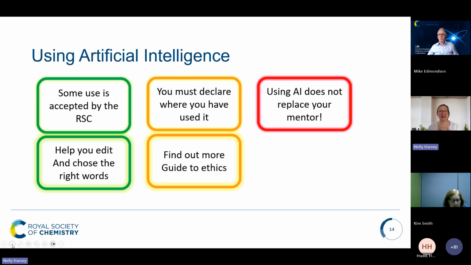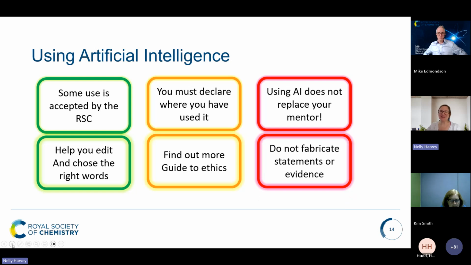But it would be a mistake to go through the whole process never having spoken to your mentor. They are integral to your success. And last but not least, it goes without saying that if you are using AI, you must not use it to make up any statements about yourself which are not true or haven't happened, and you must not use it to fabricate any evidence.